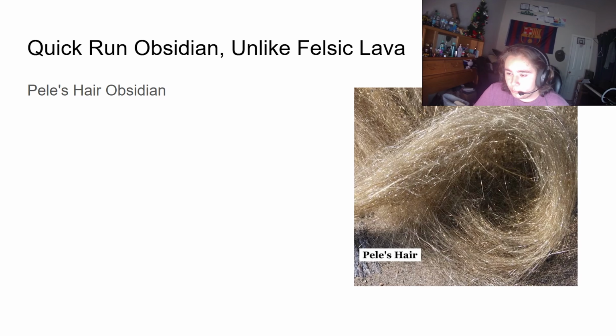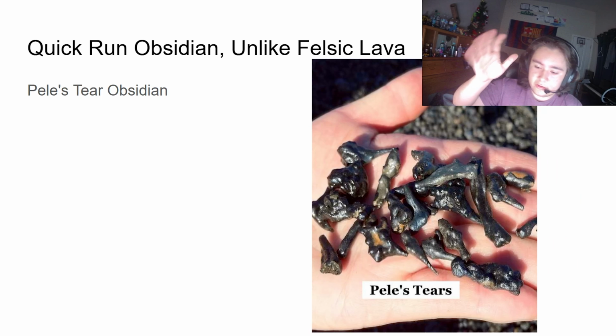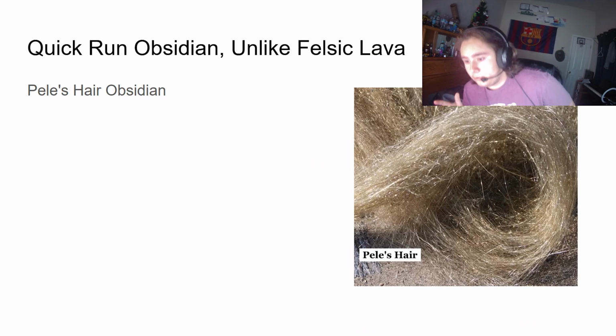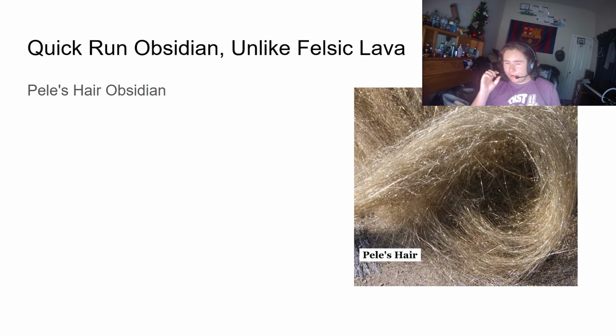I think it's more or less the same as how Pele's Tear Obsidian forms, except it might be just very, very, very thin strands. I saw one image, and I wish I could pull it up, but it was like Pele's hair, except it had two of those hairs extending from it. So I'd imagine how that forms is it's the very, very thin trail behind a falling piece of lava.